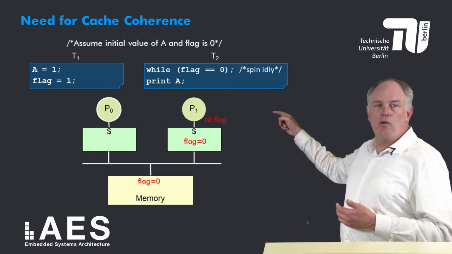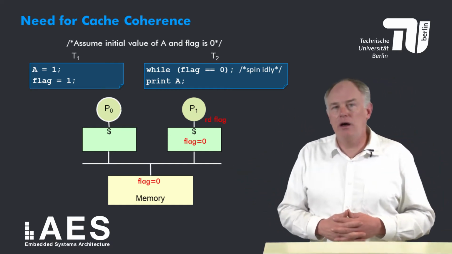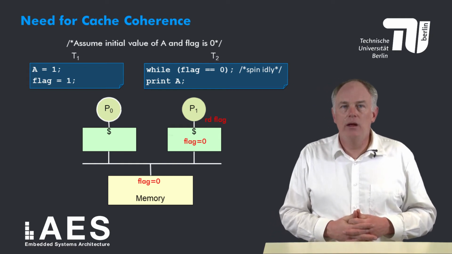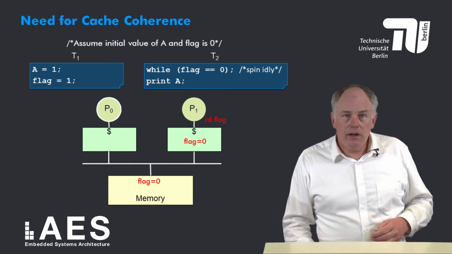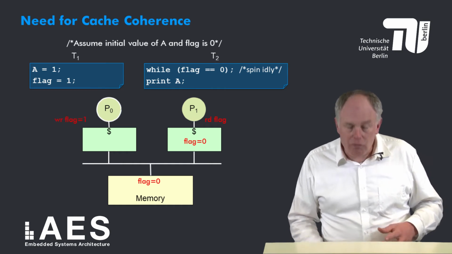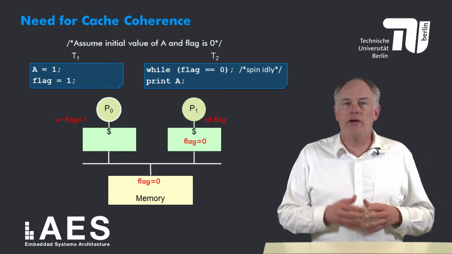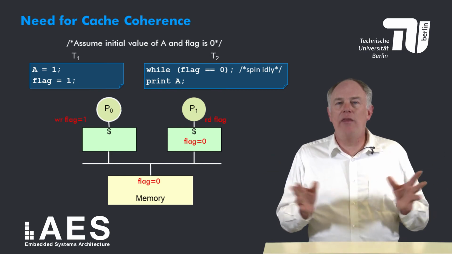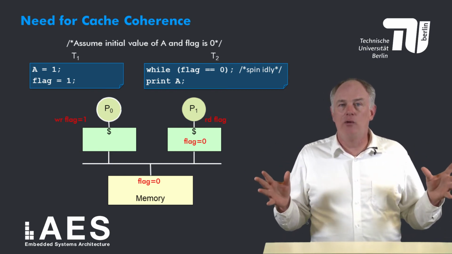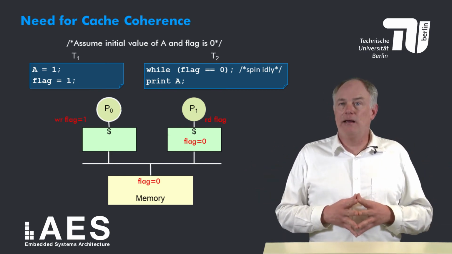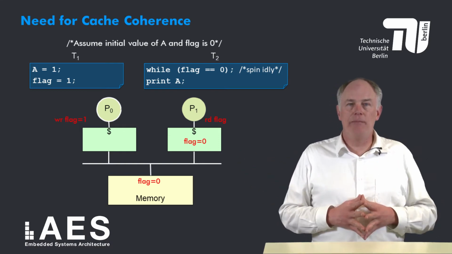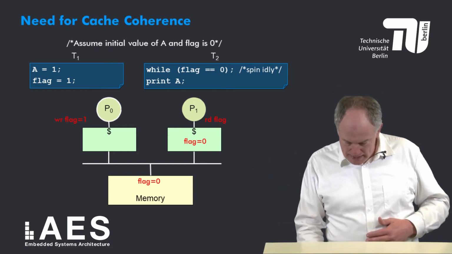So according to the program, it should stay in its loop. Then P0 writes the value 1 to flag. Depending on whether the cache is write back or write through, it will only write flag to cache or also to memory. Let's assume it's write back.